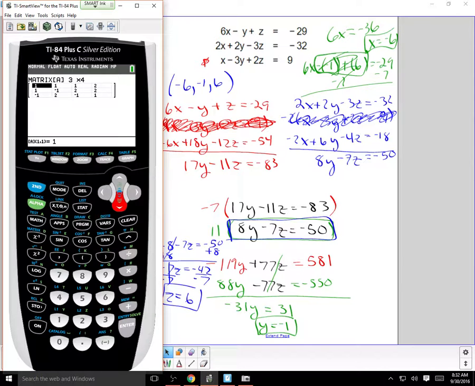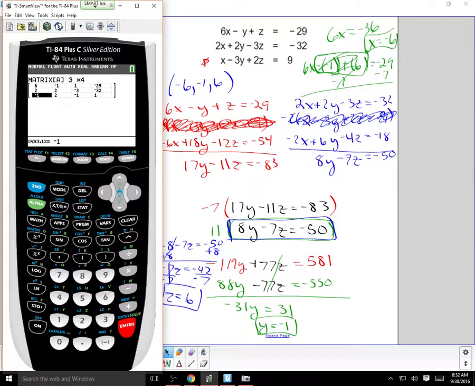And my coefficients should read, just going across, all the numbers in the front. So it should read 6, -1, 1, 29. Then 2, 2, -3, -32.